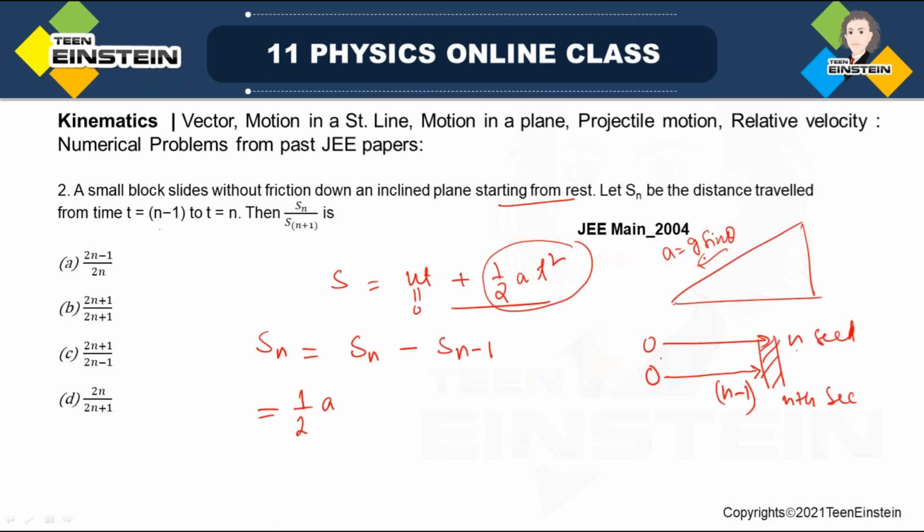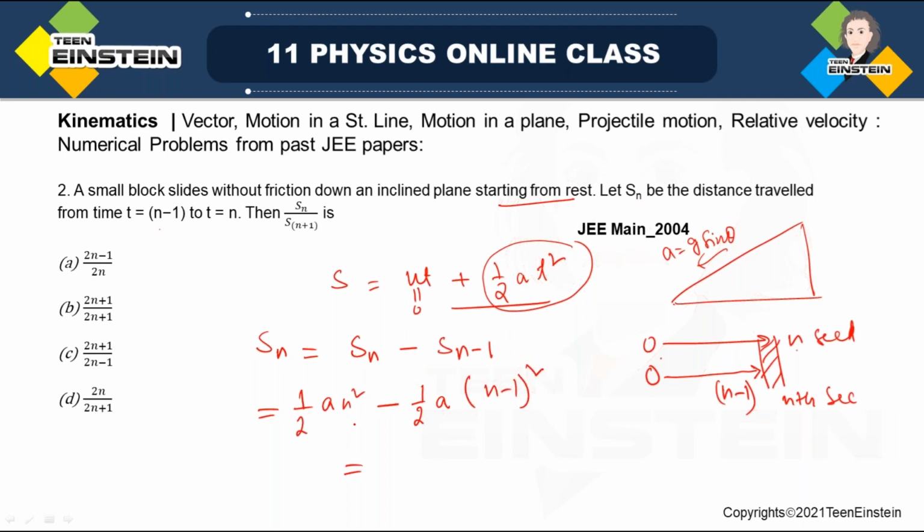Whenever needed, we can put a equal to g sine theta. So half a t square, t square means n square, and minus Sn minus 1 means this. In that case also u is 0, so only this term will be there. So I can write half a into n minus 1 whole square.